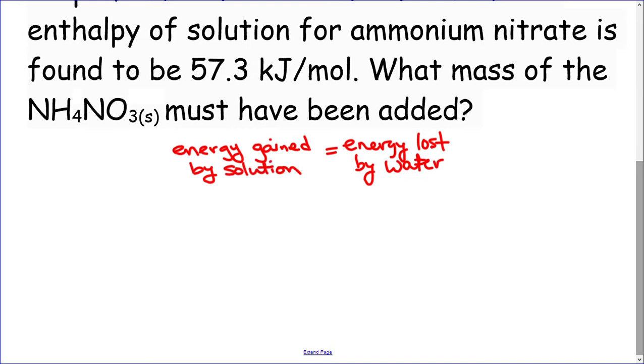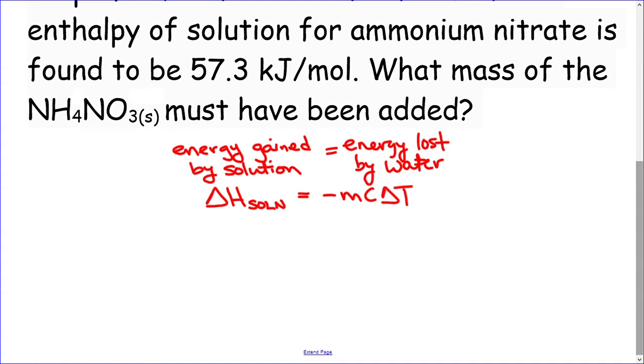So adding ammonium nitrate into water is causing this to drop down. And so the solution is a reaction that's happening. And so for reactions, we normally say we have delta H, and in this case we have solution. Now, energy is being lost, that gives me a negative mc delta T, because that's due to a temperature change.